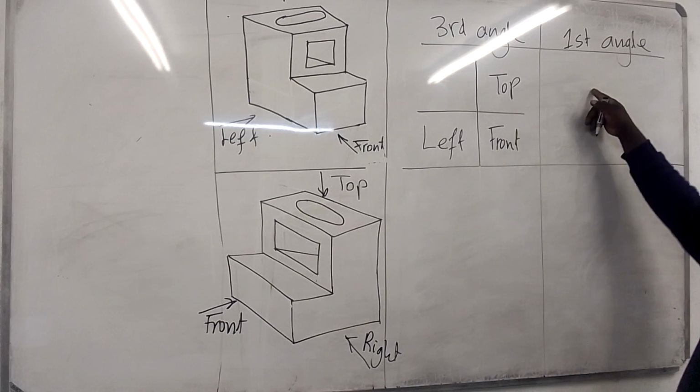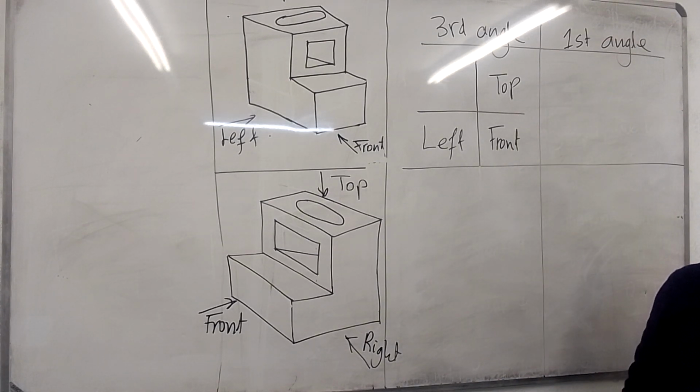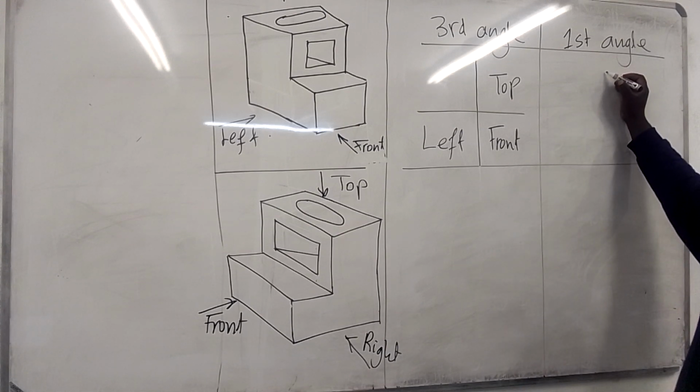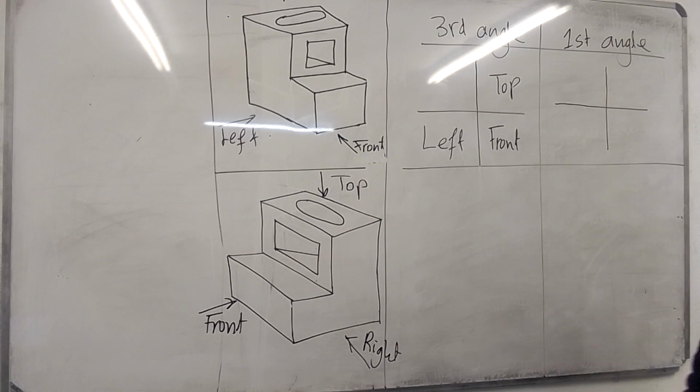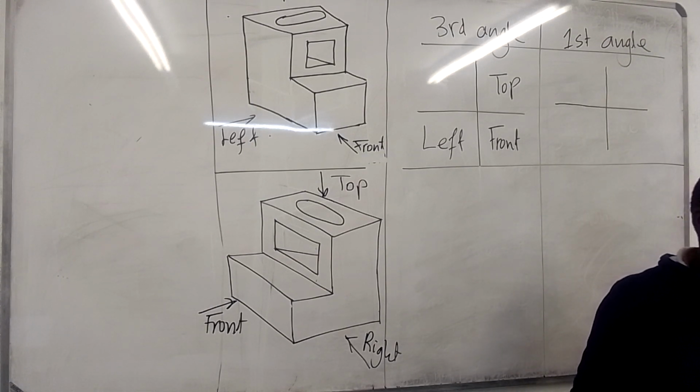When I come to first angle, how am I going to draw? Class. What did I say about first angle? So, it's going to swap. Your statement is unfinished. What did I say there online?